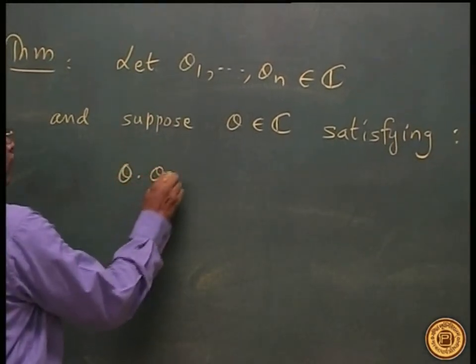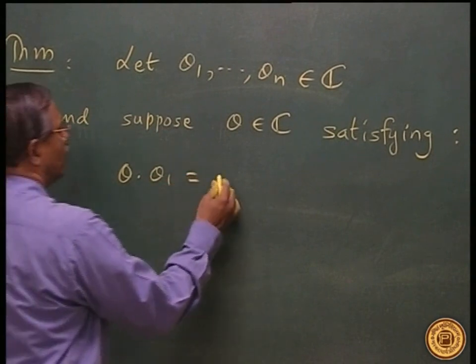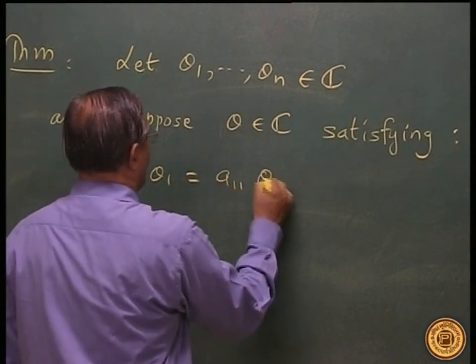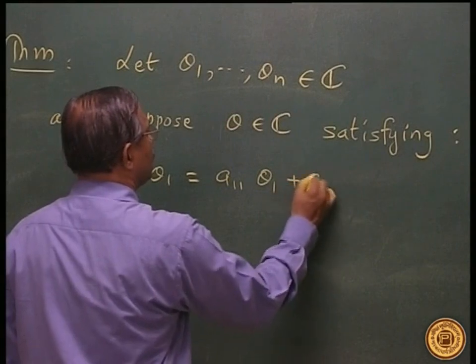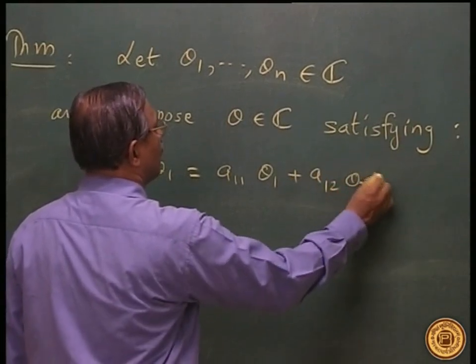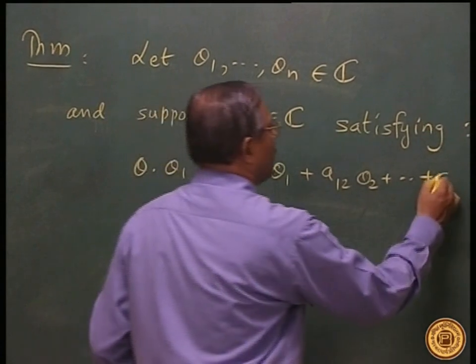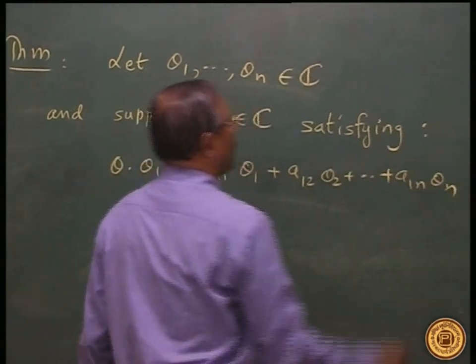Theta into theta 1 is equal to a11 theta 1 plus a12 theta 2 plus ... plus a1n theta n.